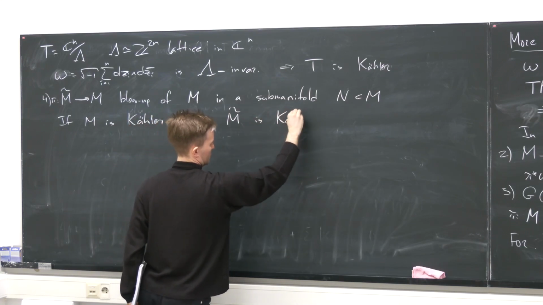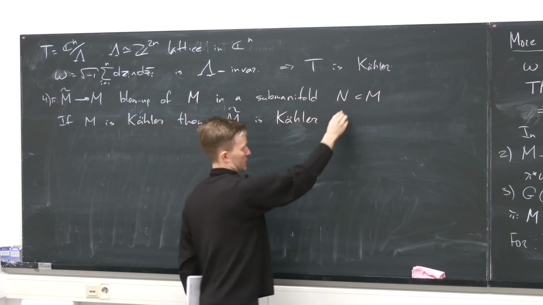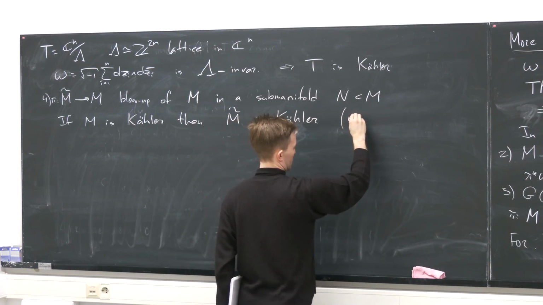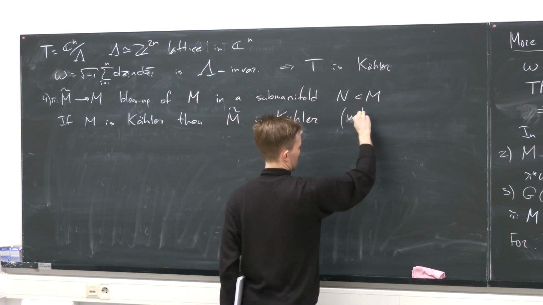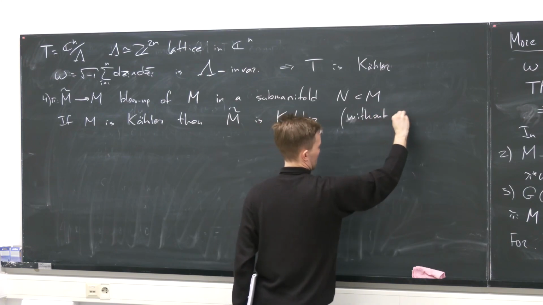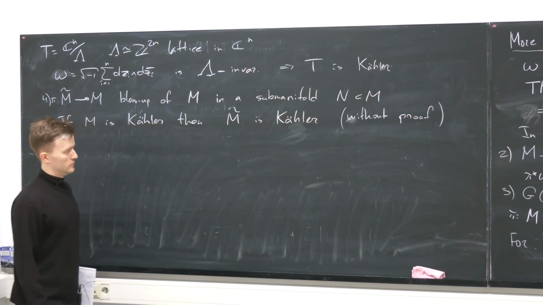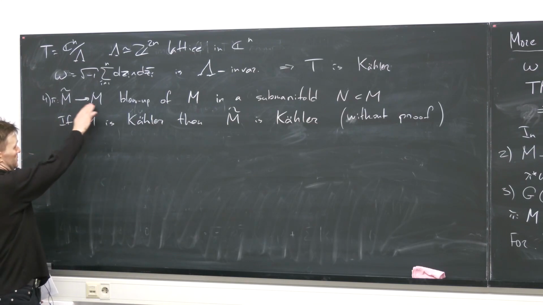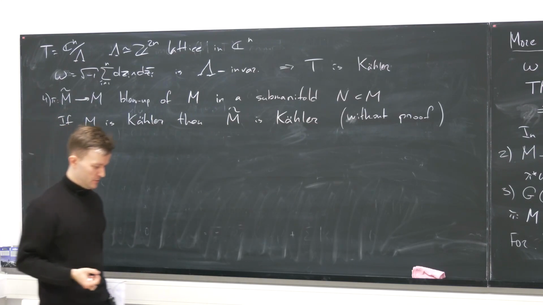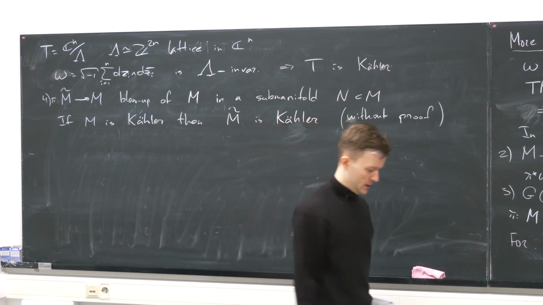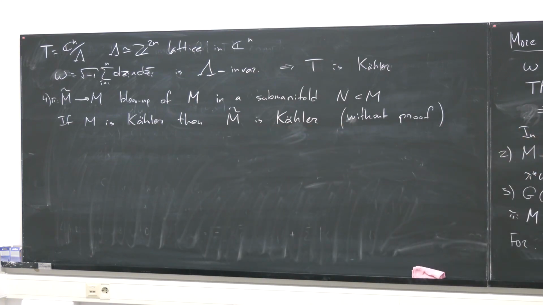But I don't want to give a proof. You can think about it, it's not obvious at all, because if we take the preimage of the Kähler form on M, it is a (1,1) form, but it is not always positive definite.